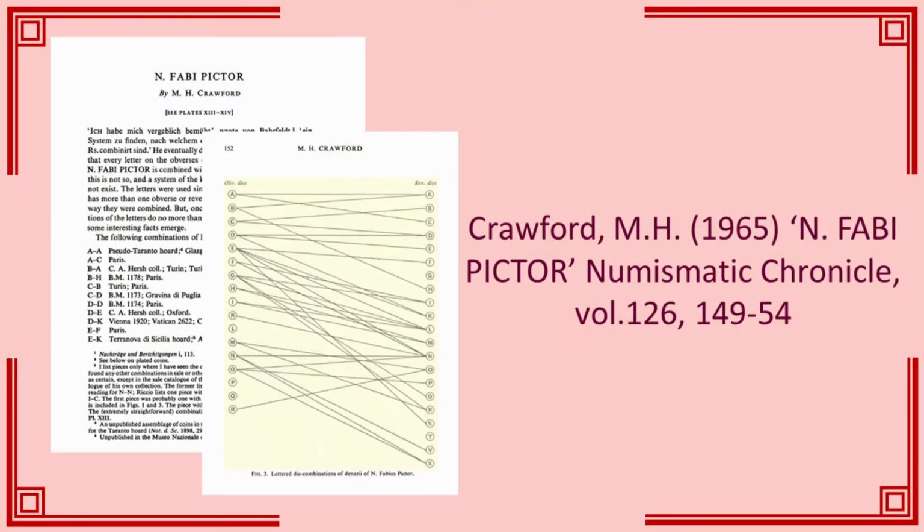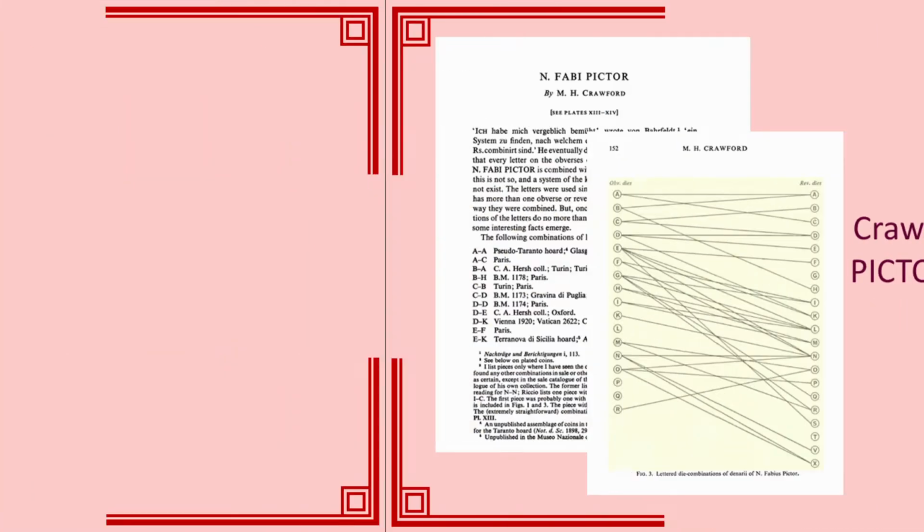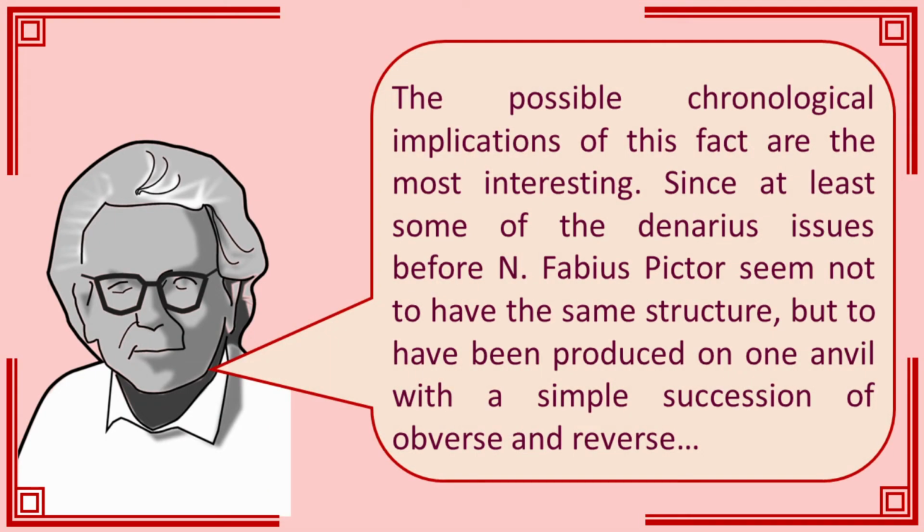So for the moment, let's just accept Crawford's statement that the possible chronological implications of this fact, by which he means the complexity of Pictor's coinage, are the most interesting, since at least some of the denarius issues before Pictor seem not to have had this structure, but to have been produced on one anvil with a simple succession of obverse and reverse.